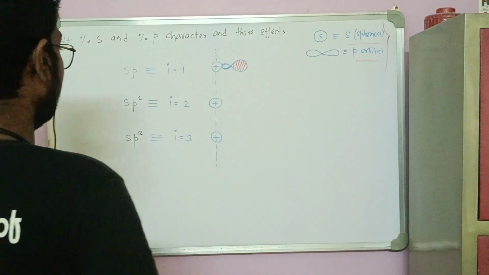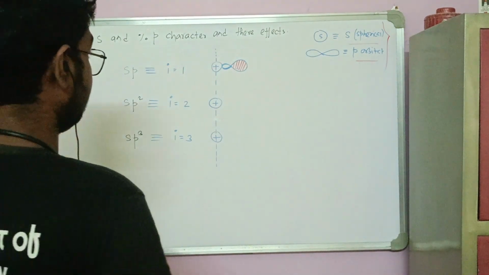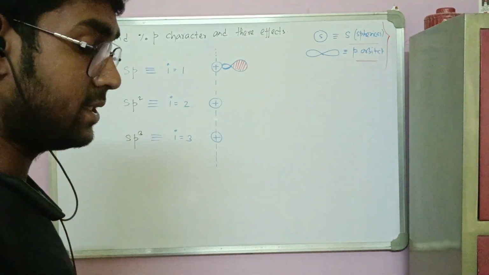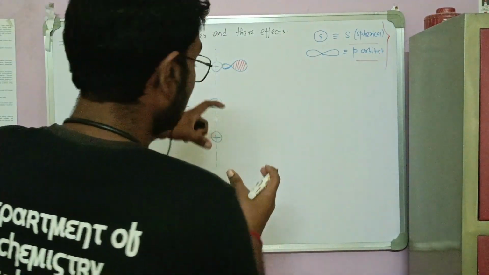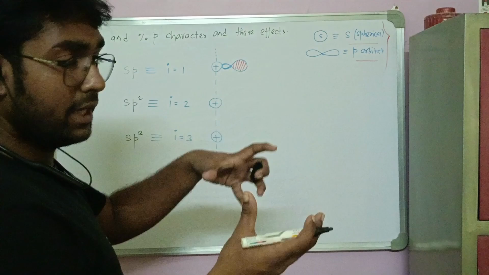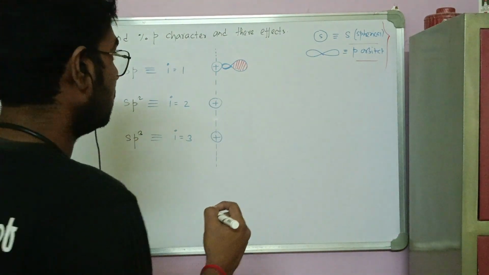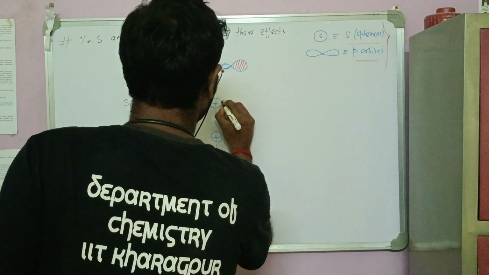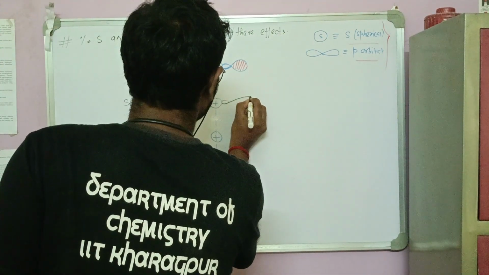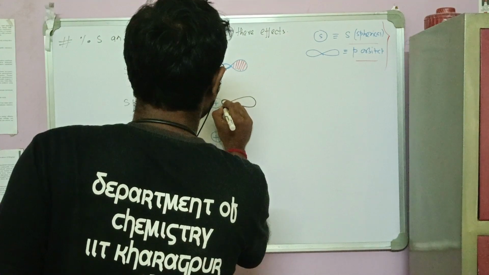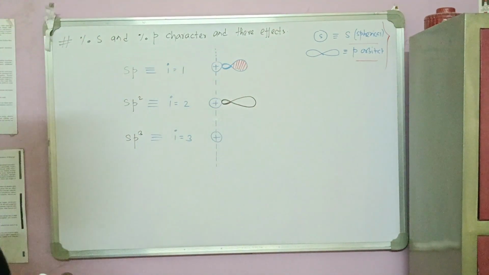of the sp orbital. Let's discuss the sp2 orbital. For sp2 orbital, the percentage of s is decreased. So the lobes will not be that big, but they will be elongated, because p is increased in sp2. So the lobes will get elongated. So the shape of sp2 will be this one.